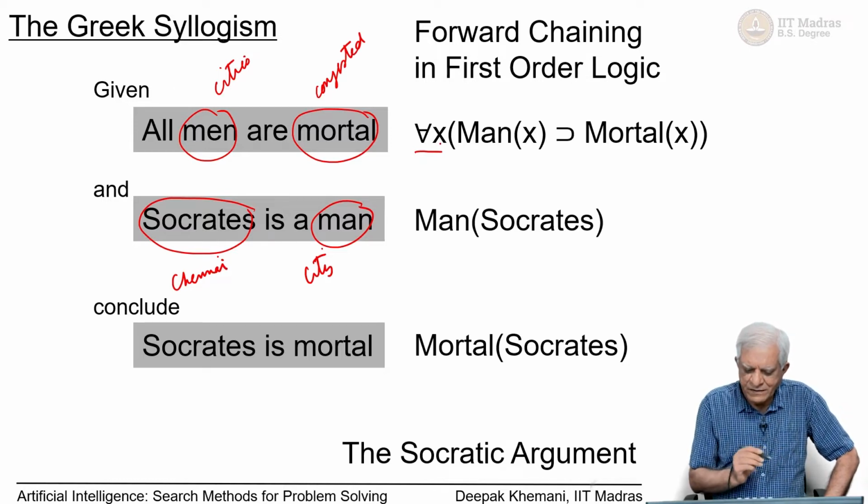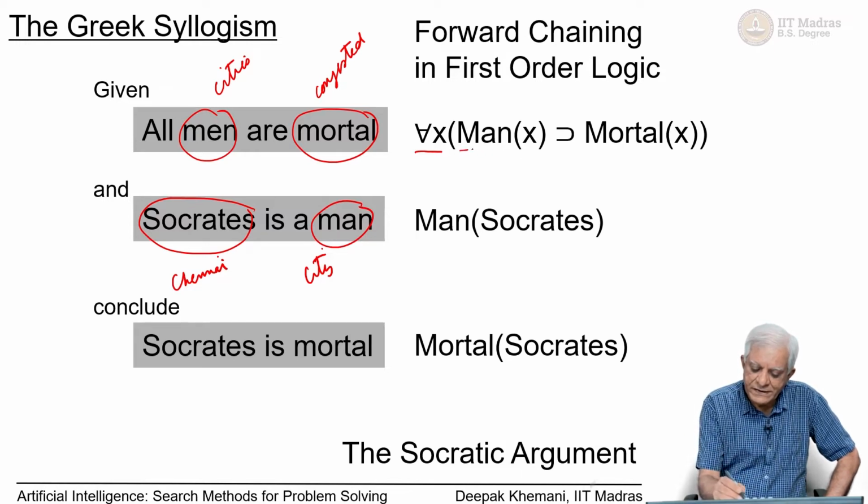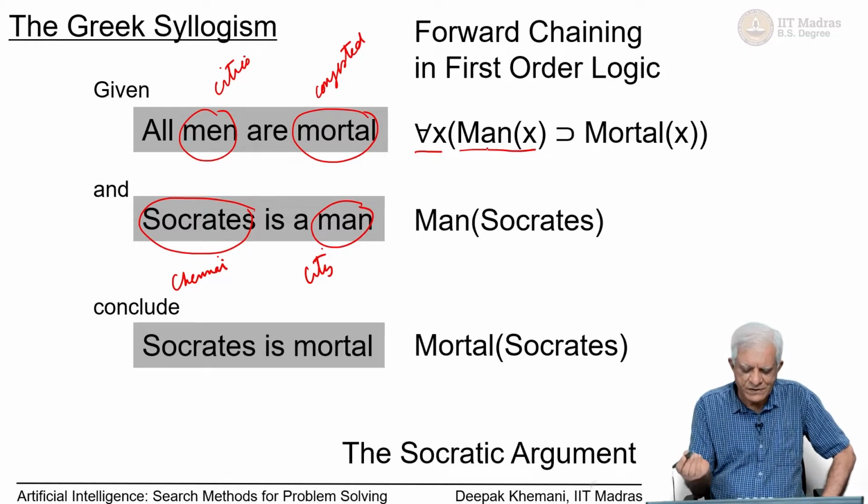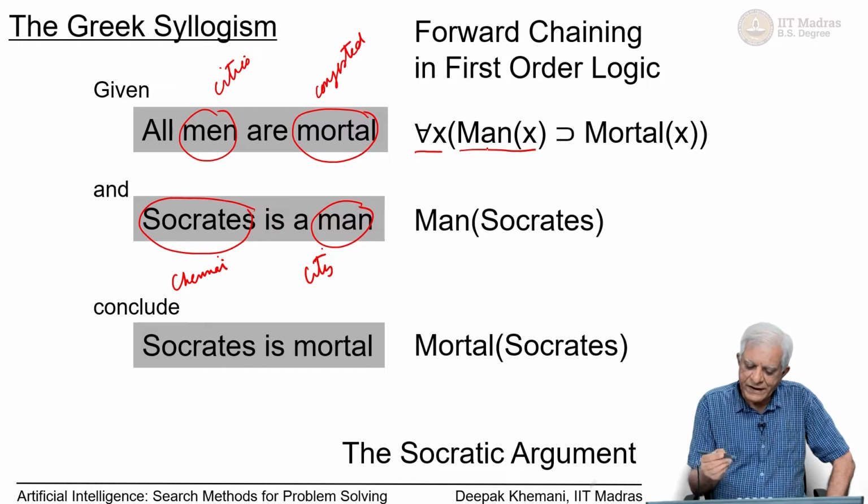X is a variable which comes from the domain, and what we are saying is, if x is a man, so this man is a predicate. Man x is true if x happens to be a man. Man x will be false if x does not happen to be a man. So, what we are saying is that for every x in the domain, if x is a man, then, this is an implication sign, x must be mortal. So, mortal is another predicate essentially.